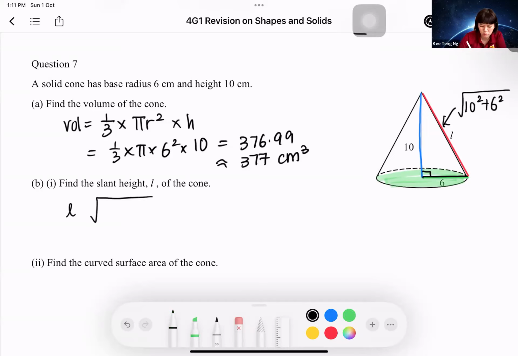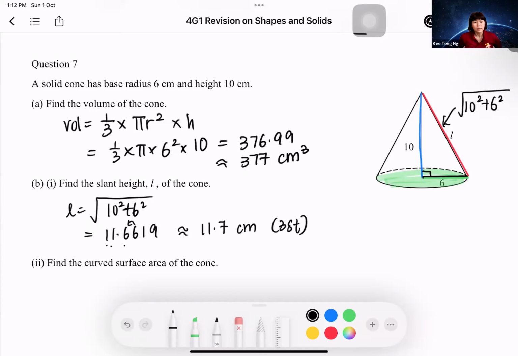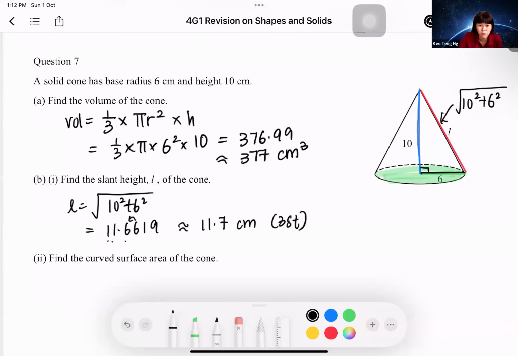So l equals, and that gives me 11.6619, rounding it off, 11.7 cm, 3 s.f. Okay, next part, find the curved surface area of the cone.